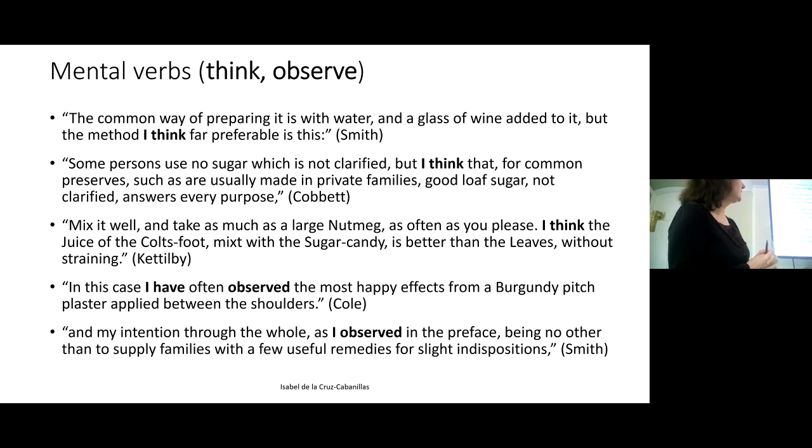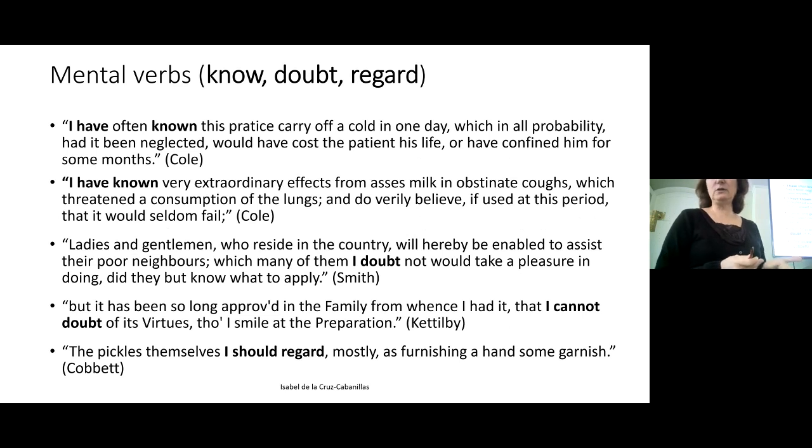So I think, or I have observed, as I observed in the present, in the preface, some other examples of no doubt, regard, right? This is my opinion. I cannot doubt the virtues of this specific remedy, or I should regard.